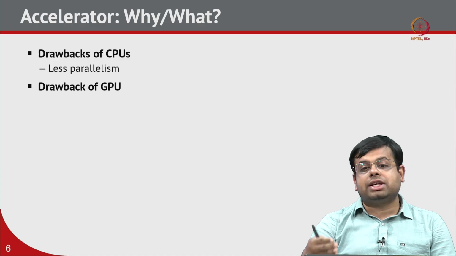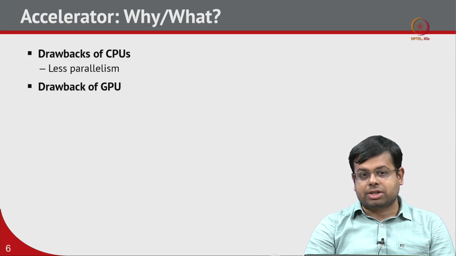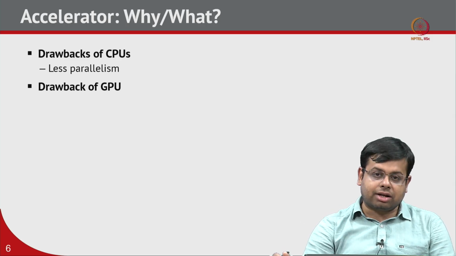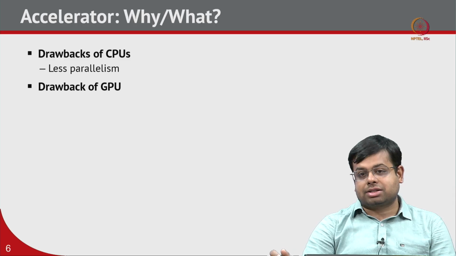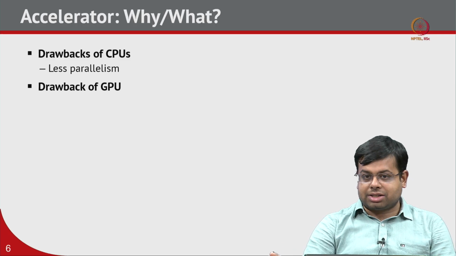Now, when these DNN algorithms, or in general machine learning algorithms, came, it was seen, as we also discussed, that there are too many parallel tasks, and mostly they are matrix multiplications.